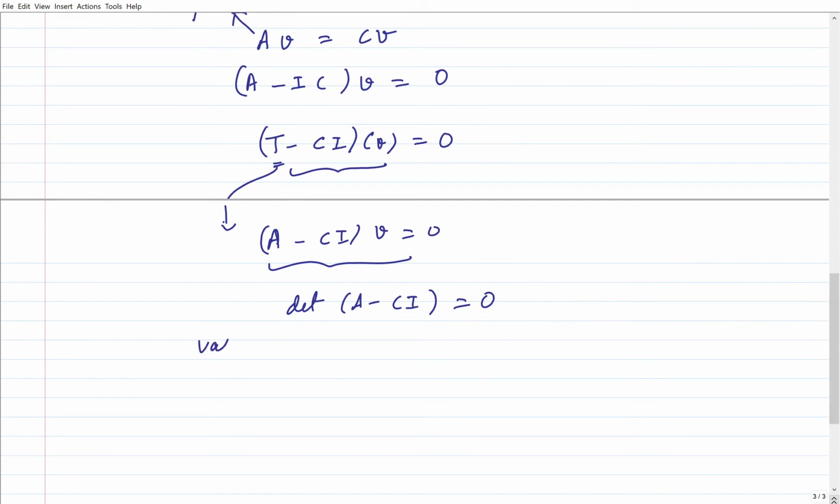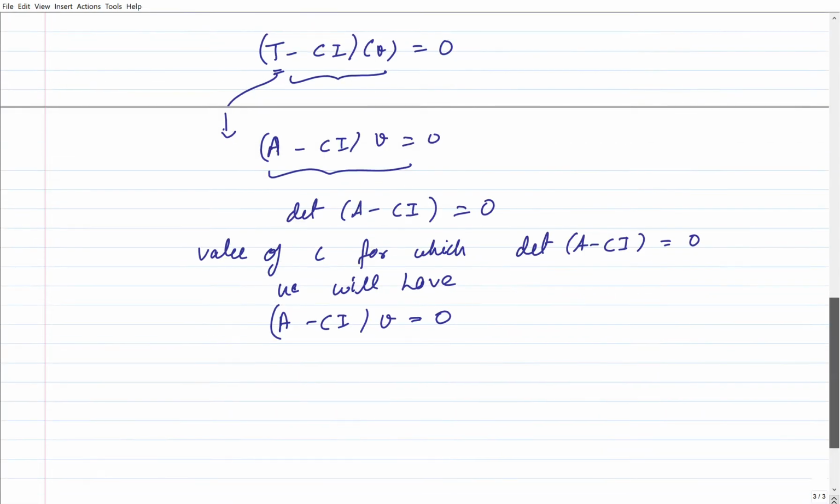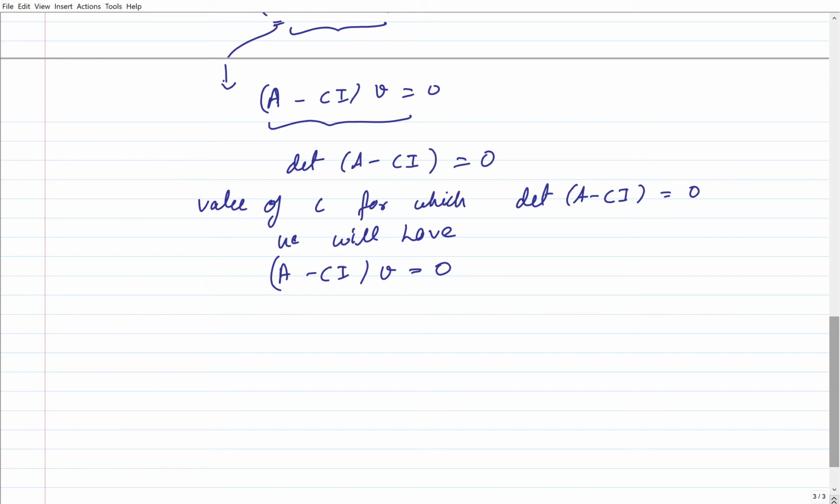So for the values of C for which the determinant of A minus C I equals 0, we will have (A minus C I) V equals 0.